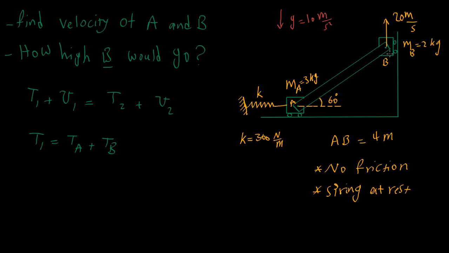We have the velocity of slider B, so I can write down here TA plus 1/2 mB VB squared, where we have all these numbers, mB, the mass of slider B, and its velocity. But for TA, we don't have its velocity, but by having the velocity of this point of this rigid body system, we should be able to figure out the velocity of this point.